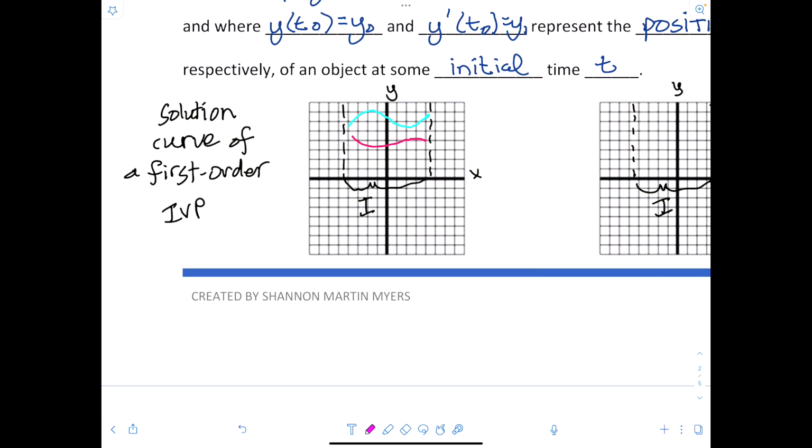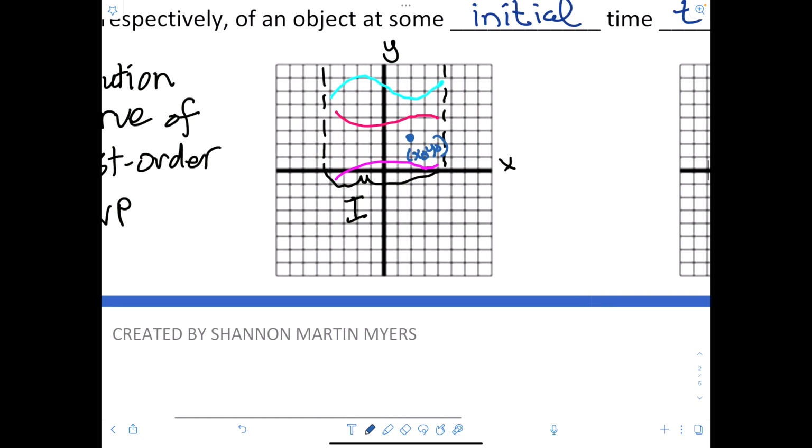You might have this guy just looking like this, and let's say that the point x0, y0, let's say that is right here. Okay, so that's our x0, y0.